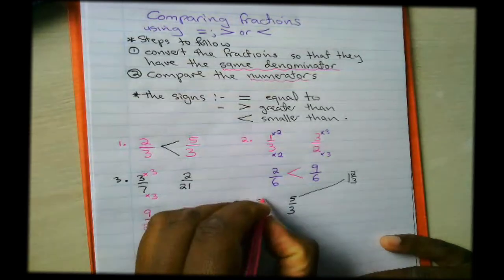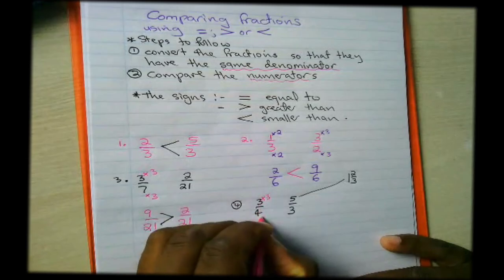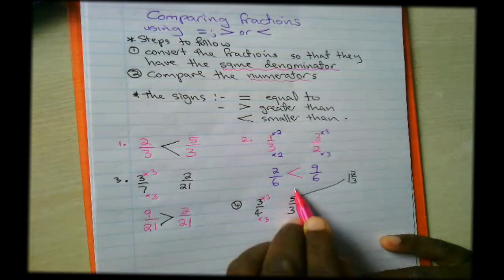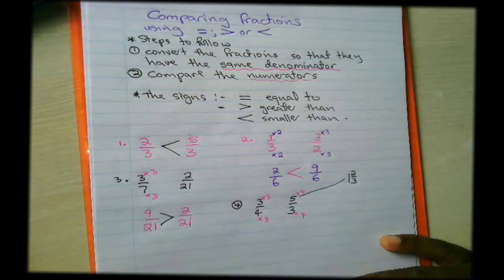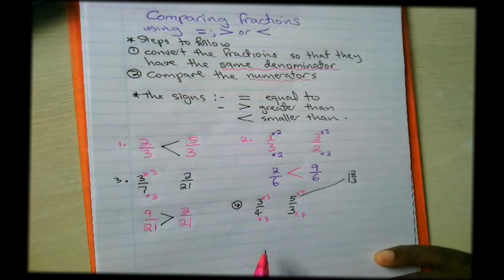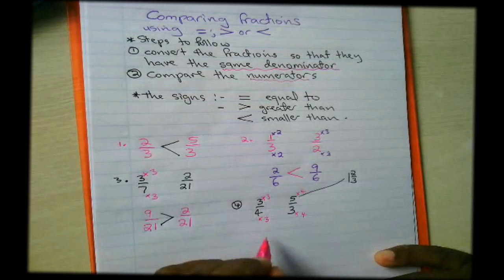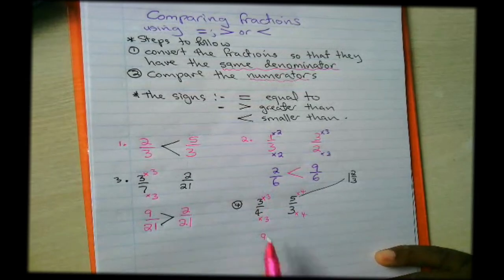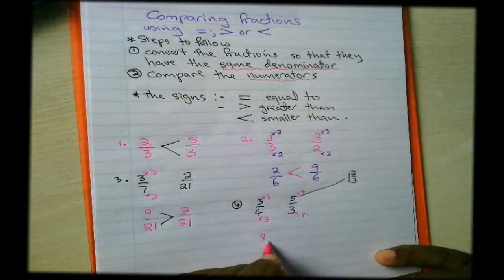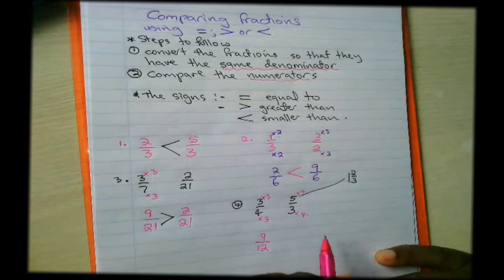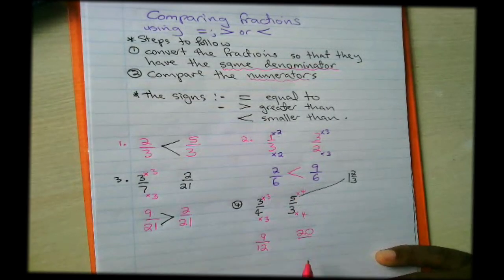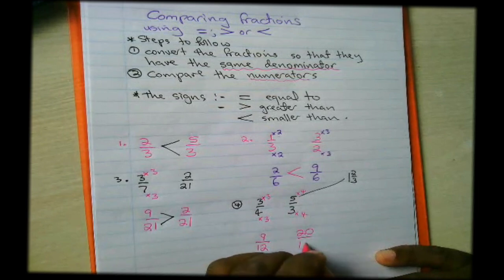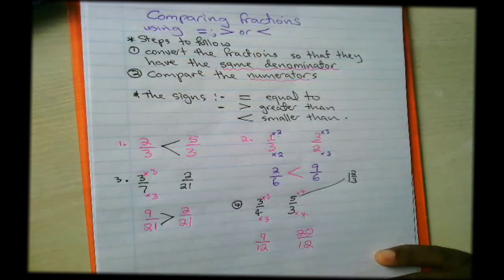Let's get the equivalent fractions. 3 times 3 gives us 9. 4 times 3 gives us 12. 5 times 4 gives us 20. And 3 times 4 gives us 12.